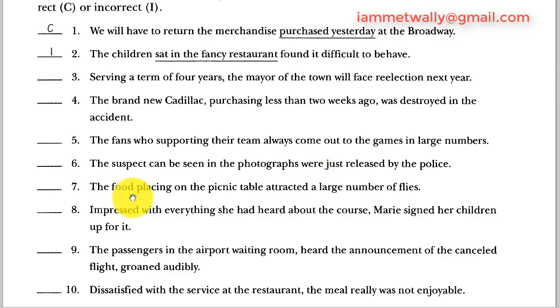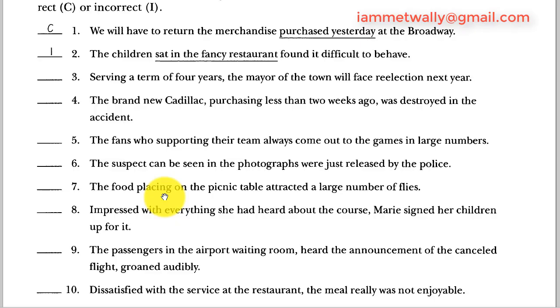7. The food placed on the picnic table attracted a large number of flies. The food is the subject, attracted is the verb, and placing on the picnic table is the adjective clause that describes the word food, but it's wrong. It is not reduced correctly. Why? Because it should be like this: the food placed, because I place the food, it doesn't place itself.